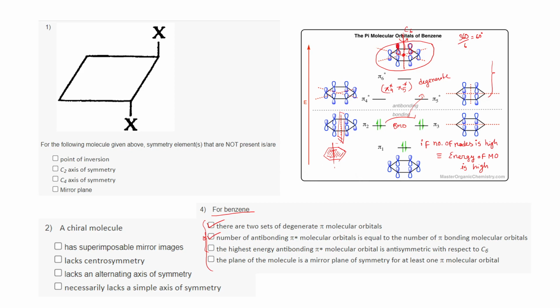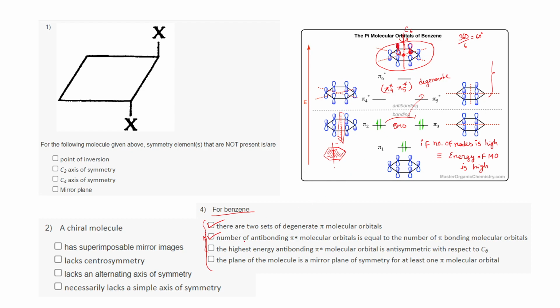In further study, when you go deep into symmetry, these are actually not plus minus, they have different phases, and suppose the positive lobe is there. So do you think if I perform a C6 symmetry operation, will it overlap with each other, or will it be a symmetry operation? It will be antisymmetric. It will not be a symmetry operation.